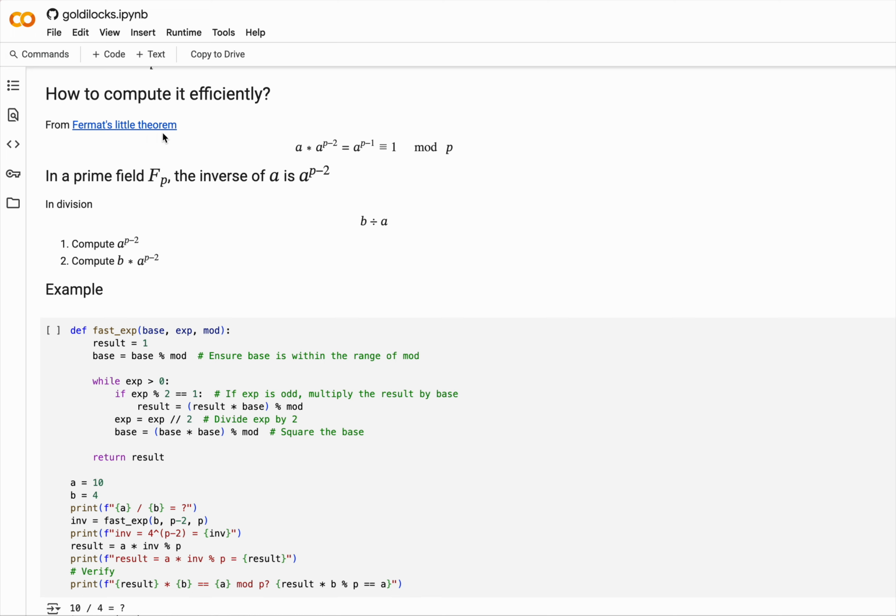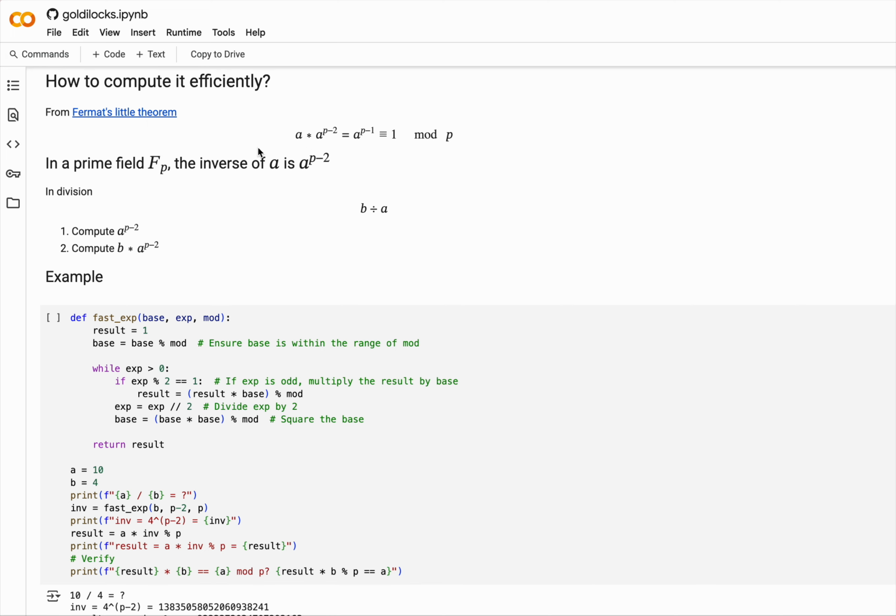From Fermat's little theorem, we know that the inverse of a is a to the power of p minus 2. Here p is the prime, the size of the finite field.